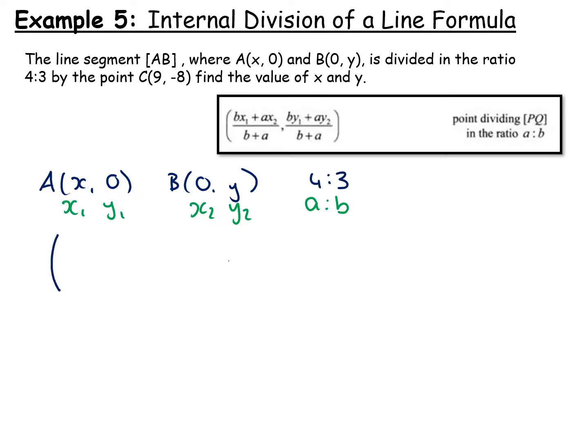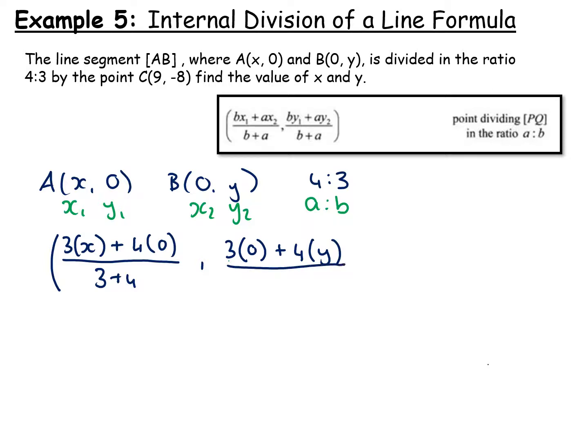We sub into our formula, we get B times X1 plus A times X2, over 3 plus 4. We then have B times Y1 plus A times Y2, over 3 plus 4.